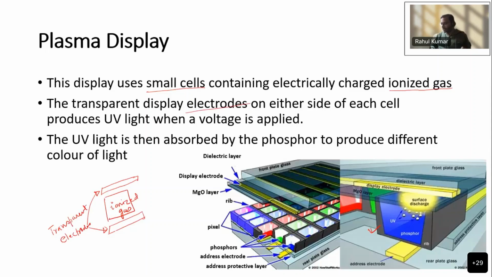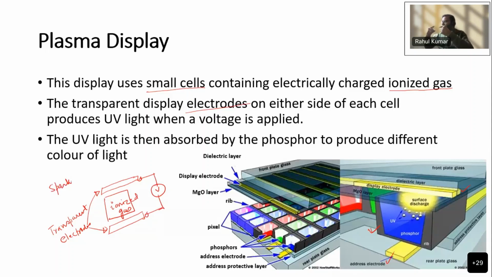Okay, here also you can imagine it or view it in 3 dimensions. And when you apply a voltage across these 2 electrodes, what will happen? You will produce some kind of spark.